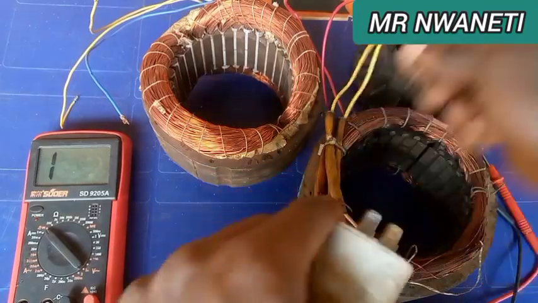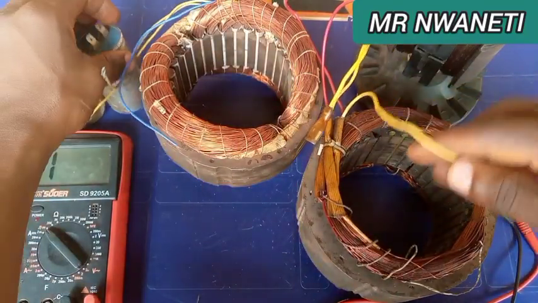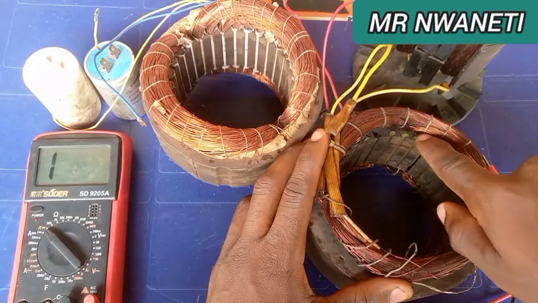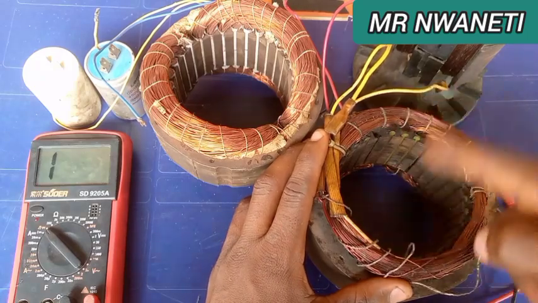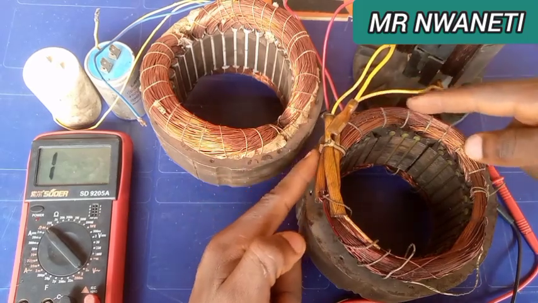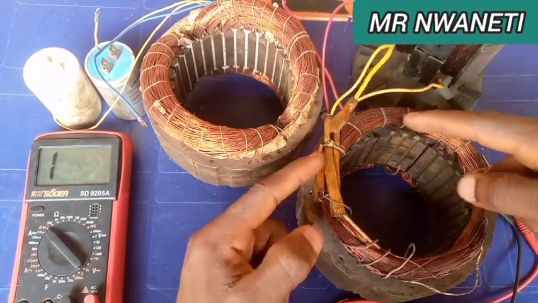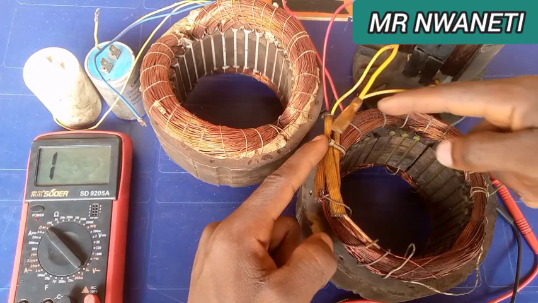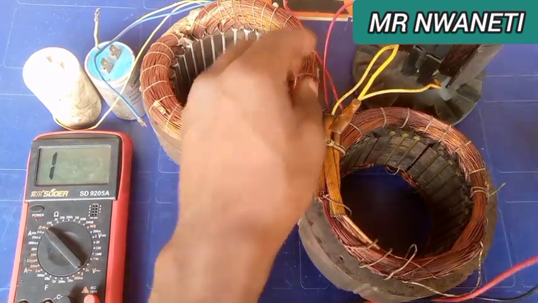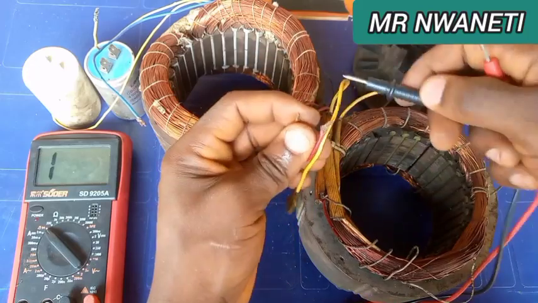So I have stated the three basic things to increase the voltage. Number one is either you increase from the exciter by putting more turns, or modify it by putting more turns in the stator, in the stator main winding output. So assuming, let me check the ohms resistance of the main winding output.